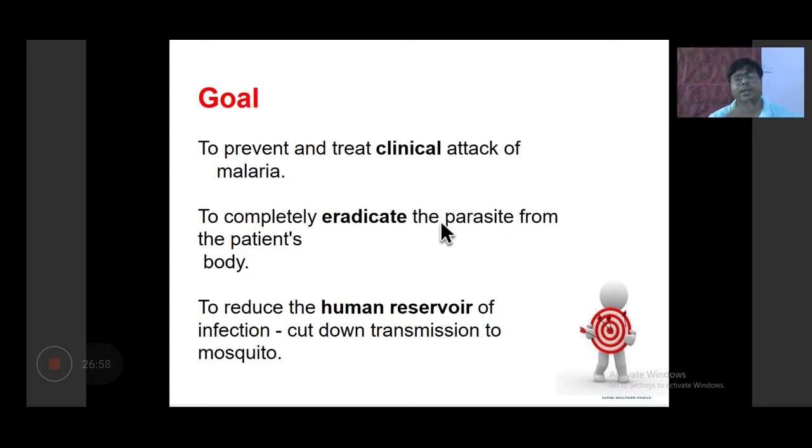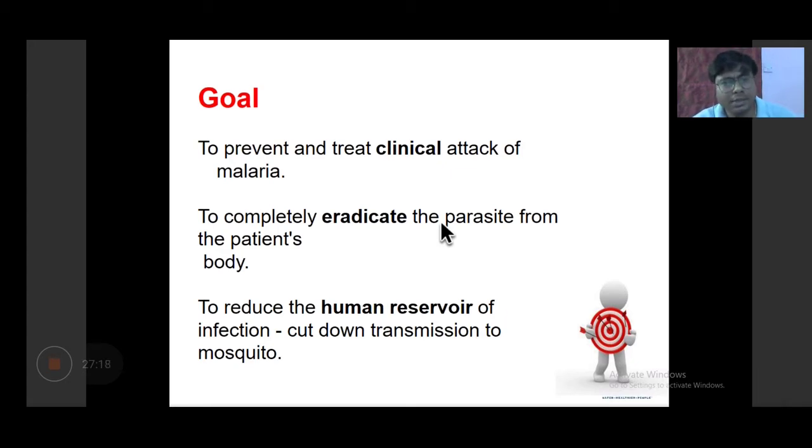There are many methods of prevention of malaria which you can read from your PSM book. There are many measures at the level of mosquito, at the level of parasite, at the level of human. So you should read all this. Otherwise, to treat the clinical attack of malaria, we will see how to treat.